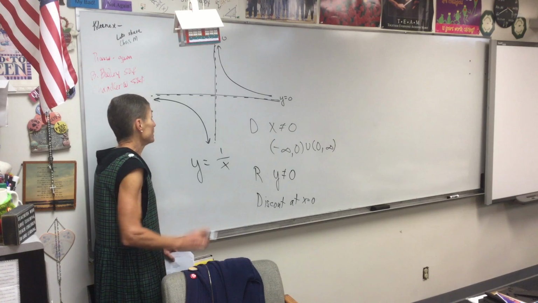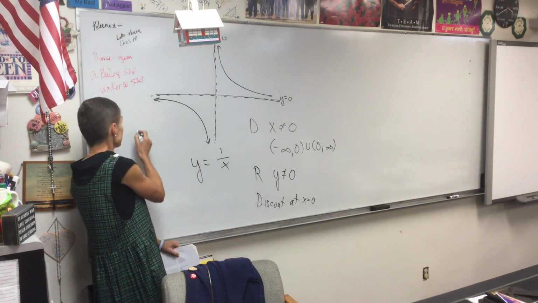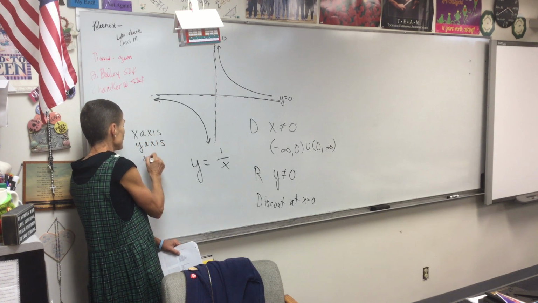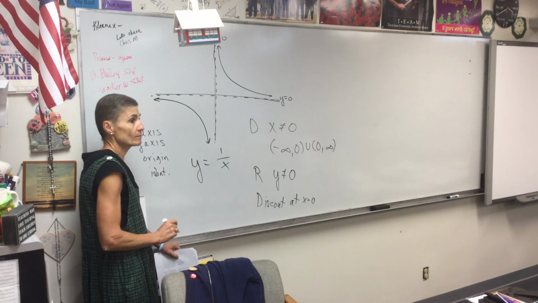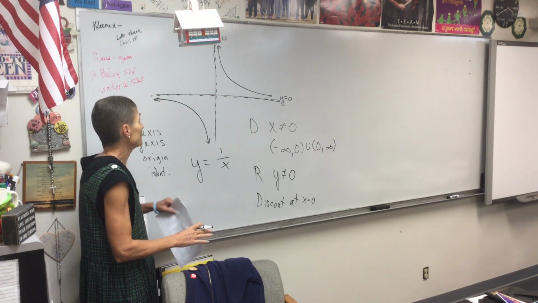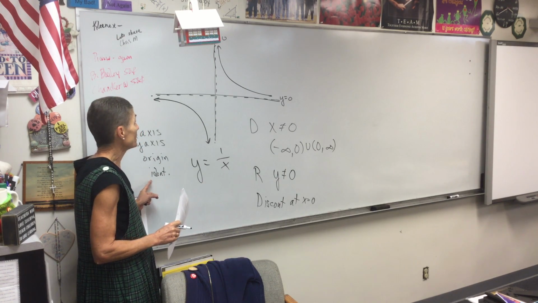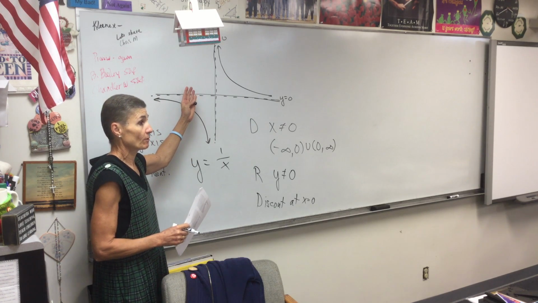Now symmetry. Remember, we're talking about the symmetry with the x-axis, y-axis, origin, and identity line. Those are the symmetries we're talking about. There can be other symmetries, but these are the 4 we're focused on. So, if I were to fold my paper on the y-axis, do I get a mirror image?